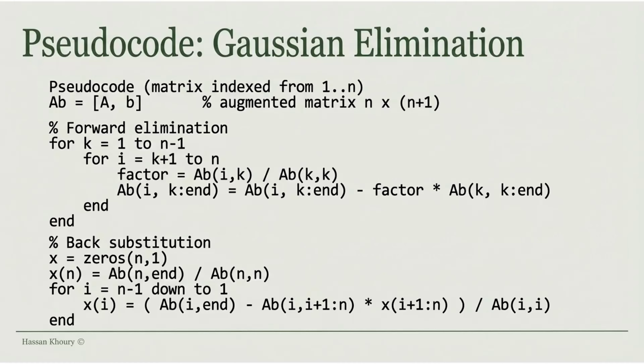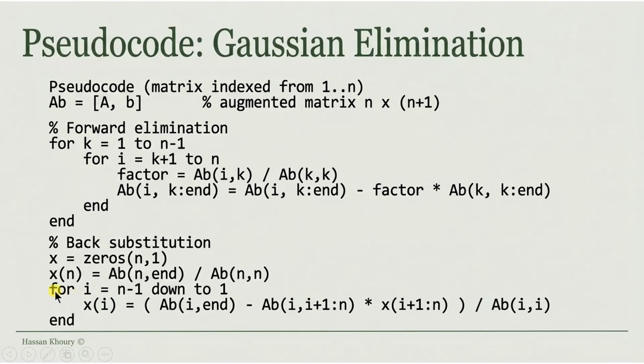Okay, now coming to the back substitution. First of all, we will initialize the solution vector x = zeros(n,1). This will initialize all zeros inside the x vector, and then x_n will be calculated as Ab(n, end) divided by Ab(n,n). Okay, because the last equation is a_nn x_n = b_n, that's why x_n is defined as Ab(n, end) divided by Ab(n,n).